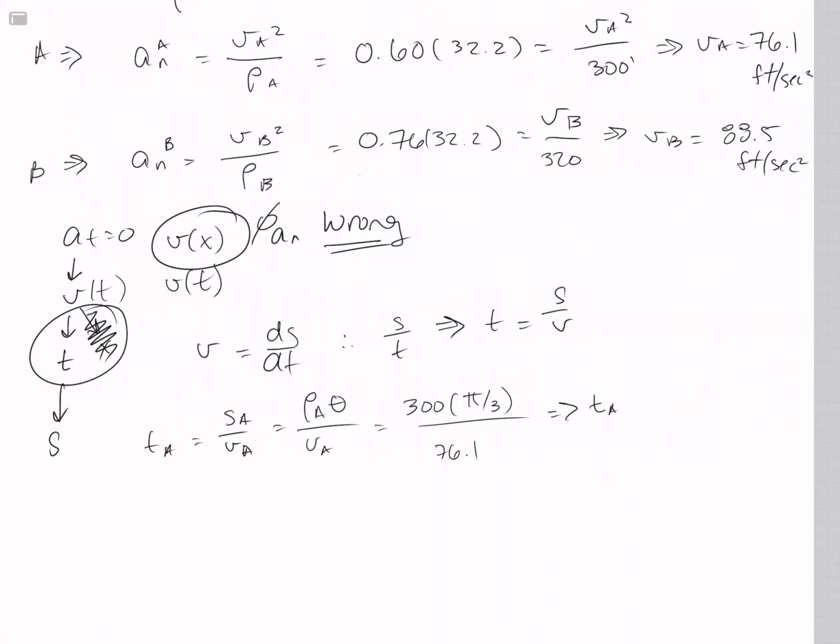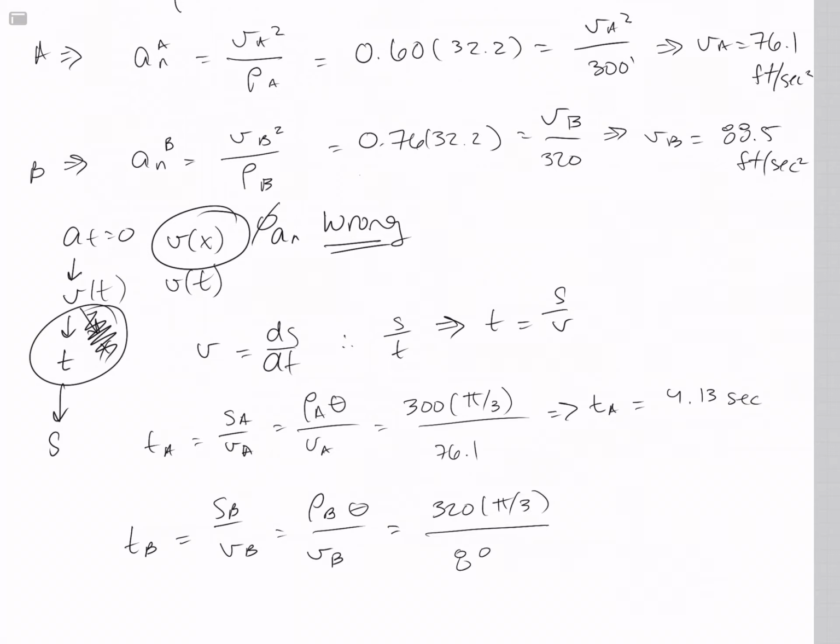That is 300 times pi over 3, which is that conversion, times 76.1, and that makes t_A equal 4.13 seconds.